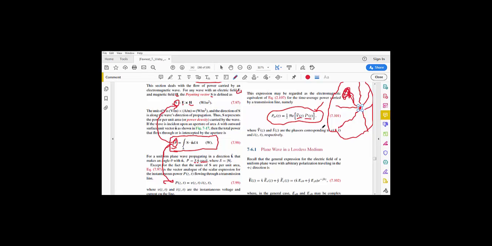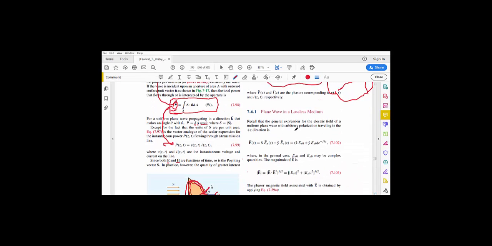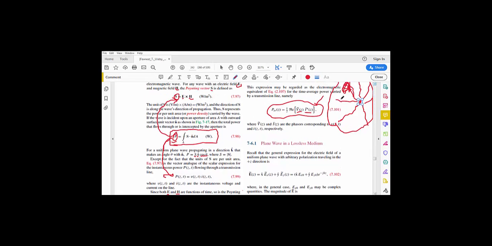So let's now take an example of a plane wave propagating in a lossless medium, or free space, or vacuum. To calculate the power density, as we said, we need to know the electric field and the magnetic field and then find the cross product between them.